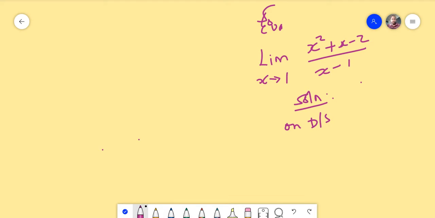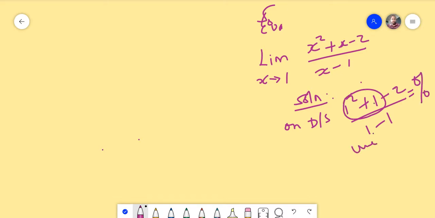So we get 1 squared plus 1 minus 2 over 1 minus 1. On direct substitution, this is 2 minus 2, which is 0 over 0. So this is undefined or indeterminate.